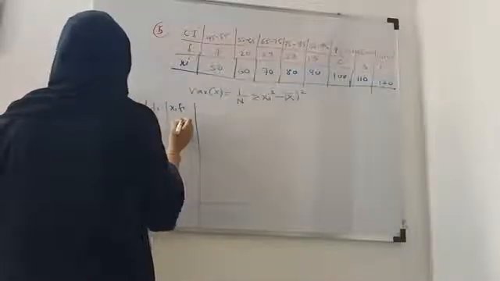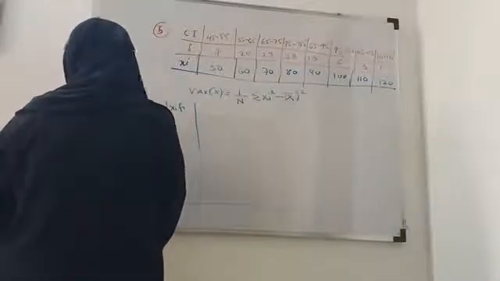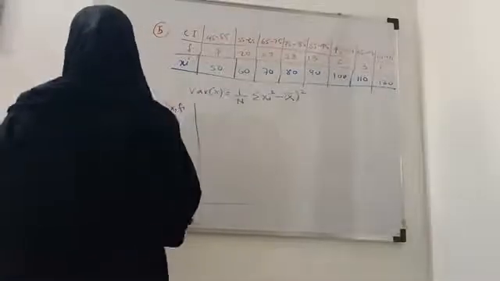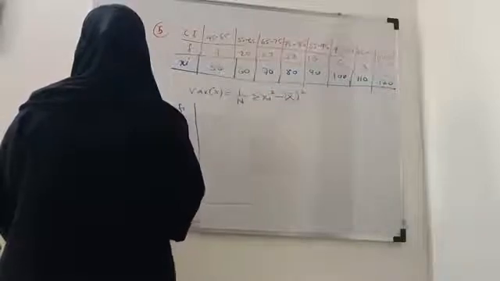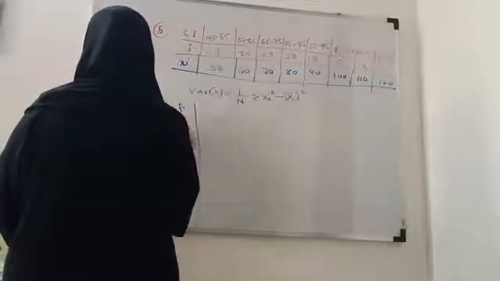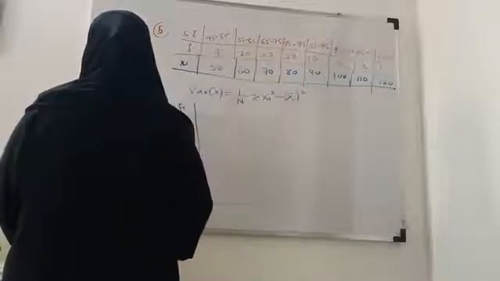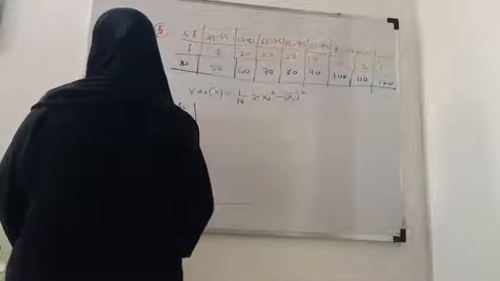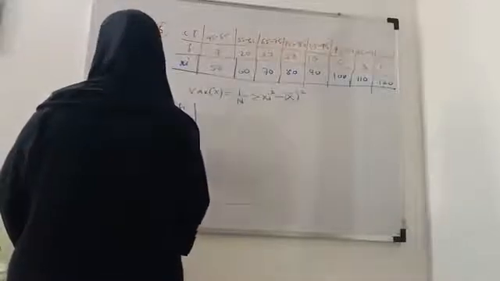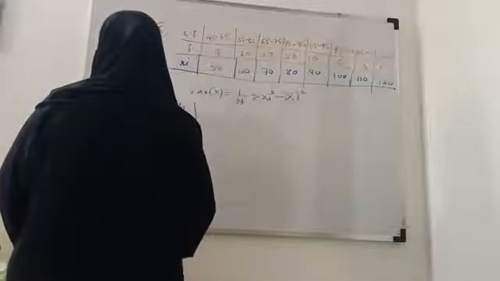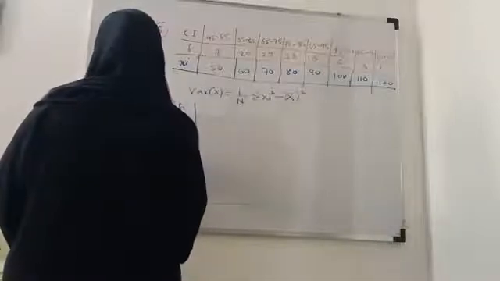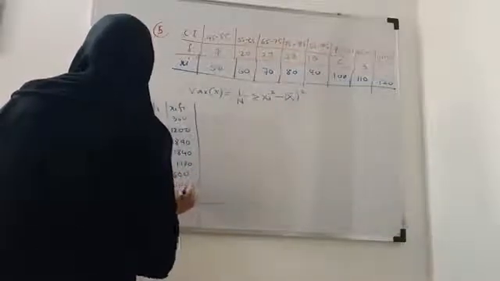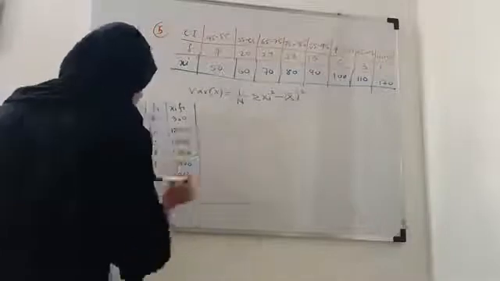So here the multiplication will be 50 into 7, 350, 1200, 70 multiplied by 27, 1890, 80 multiplied by 23, 1840, 90 multiplied by 13, 1170, 600, 330 and 120.